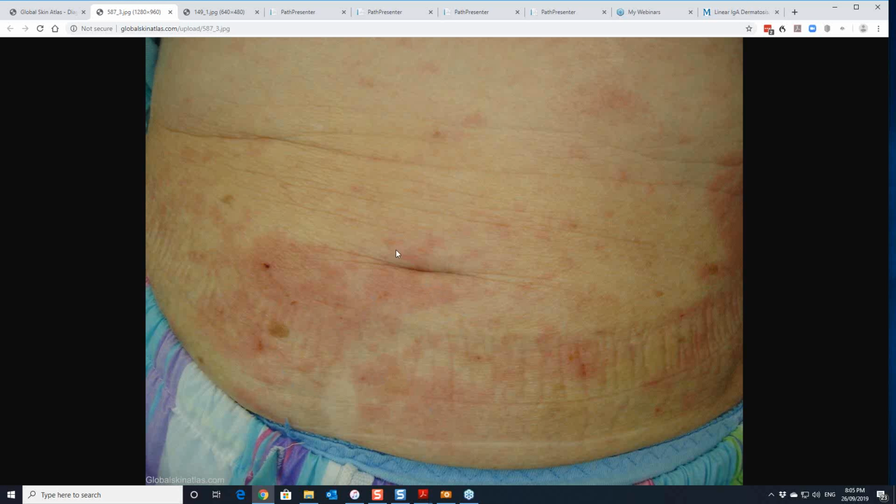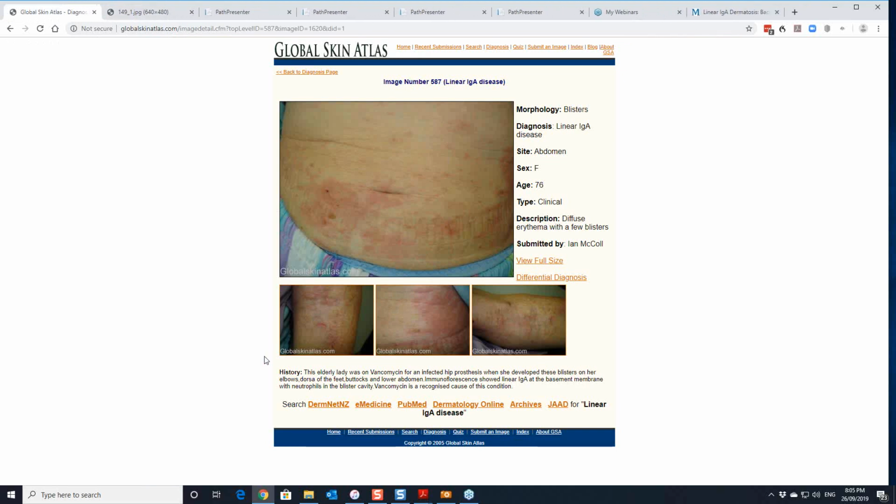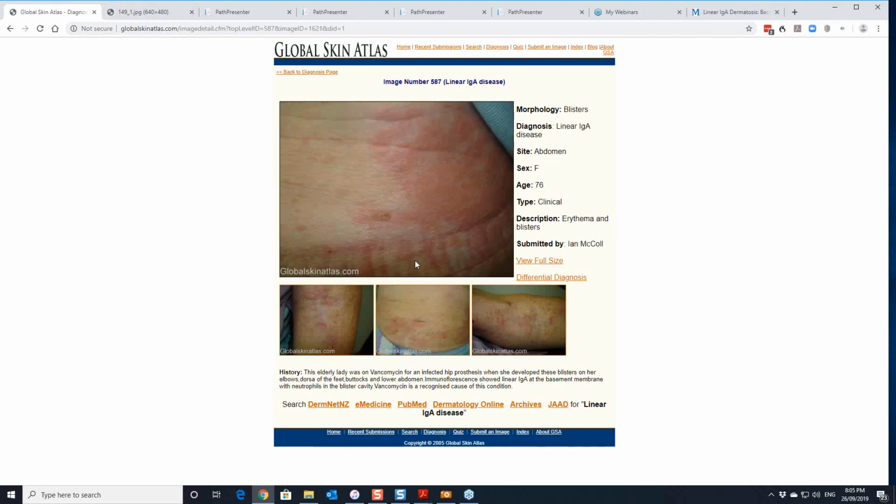If this was prebullous pemphigoid and you biopsied that, it would show eosinophilic spongiosis. It won't show that in linear IgA disease. What else do we have? Again, just a reflection of that deep dermal erythema, a deep dermal hypersensitivity-like reaction that you can get in linear IgA disease as well.